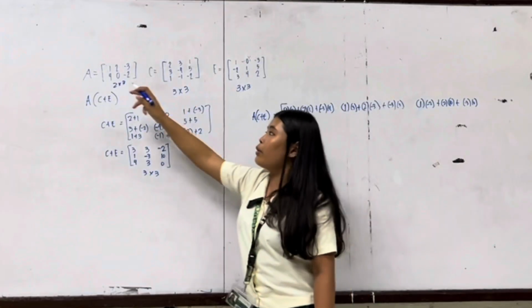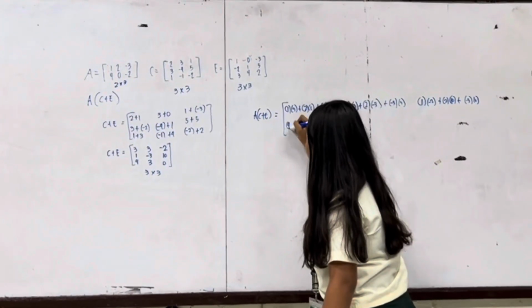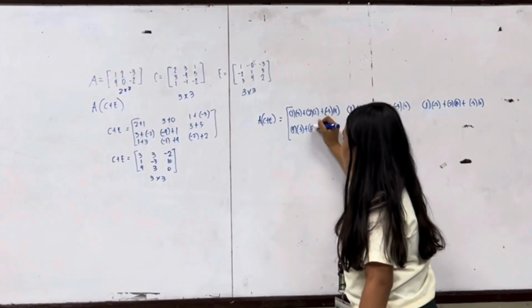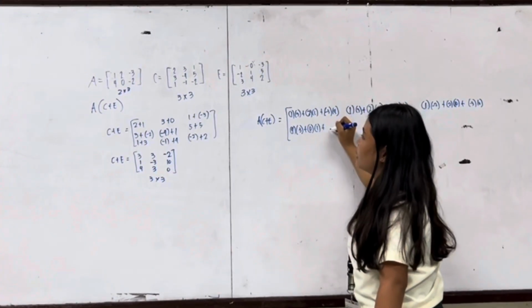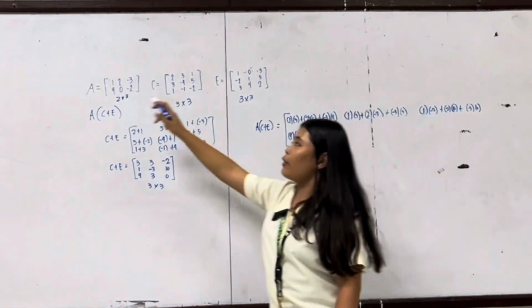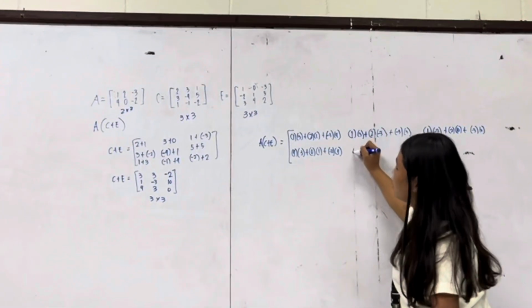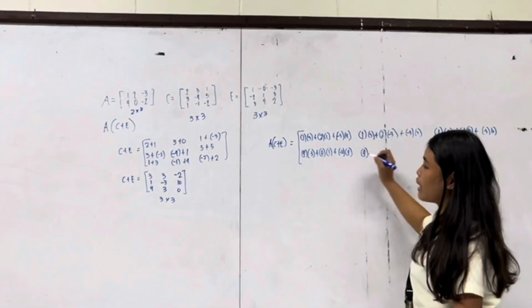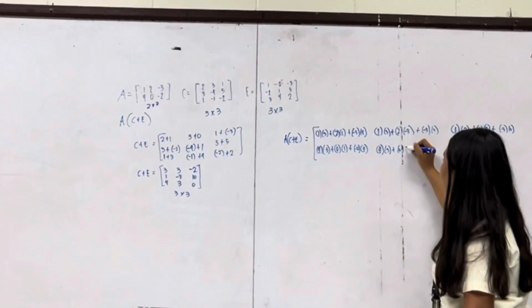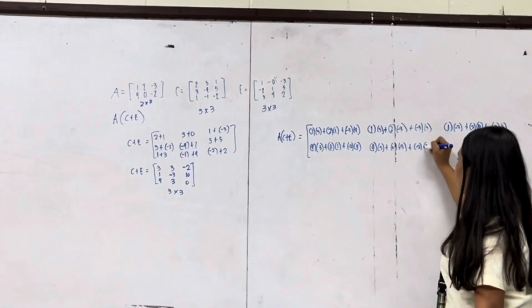Next, we have here row 2 to column 1: 4 times 3 plus 0 times 1 and negative 2 times 4. From row 2 to column 2: 4 times 3, 0 times negative 3, and negative 2 times 3.